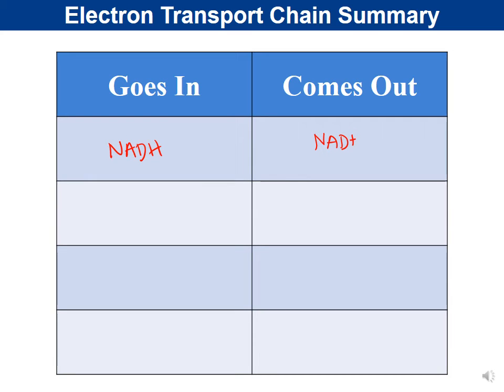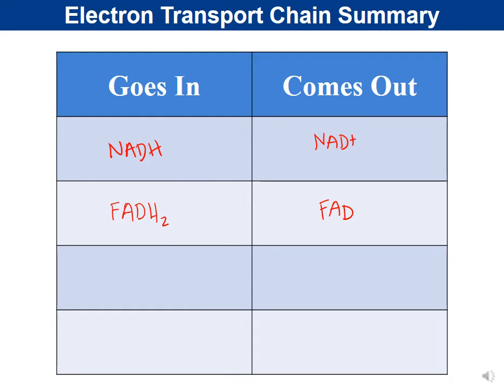We have our other electron carrier, FADH2, comes in. FAD is what comes out. It's not plus in this case, it's just FAD, because again, it's when the electrons get dropped off at the electron transport chain. What comes out, those empty electron carriers are free to go back and pick up more electrons.